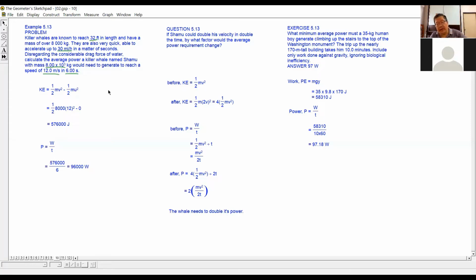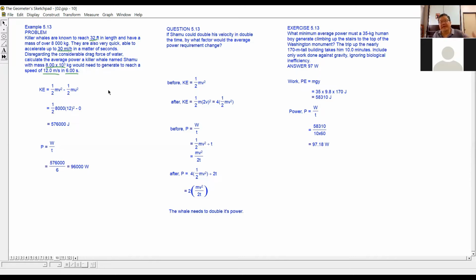So if you look at the whale swimming at 12 meters per second, you calculate the kinetic energy. That is the energy used by the whale. But actually, that is not the whole energy used by the whale, because the whale not only has to achieve this velocity, it also has to overcome the friction, the water resistance, in order to achieve this velocity.